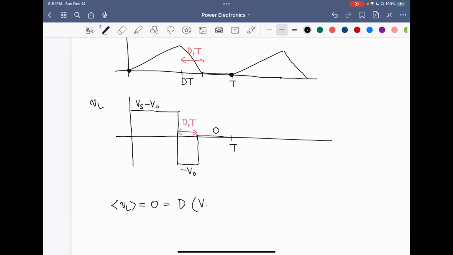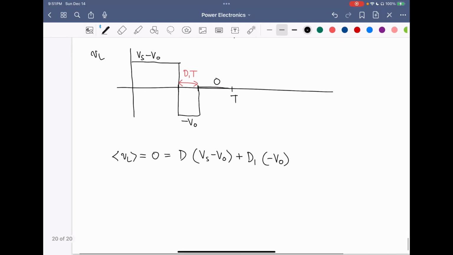We have D times Vs minus Vo, plus during the D1 interval, we have negative Vo. And if we simplify this to find the voltage conversion ratio, we're going to get that it's equal to D over D plus D1.